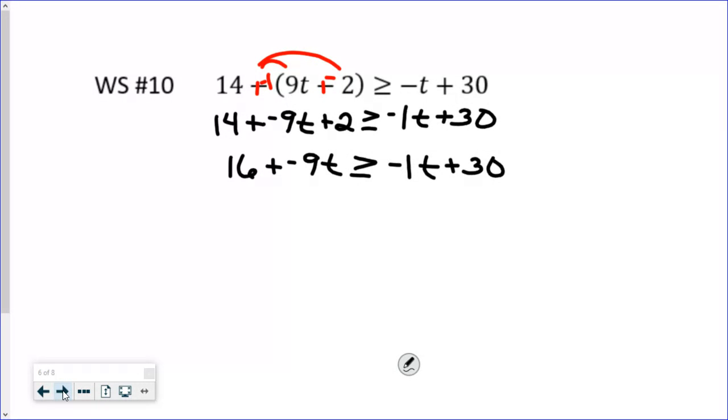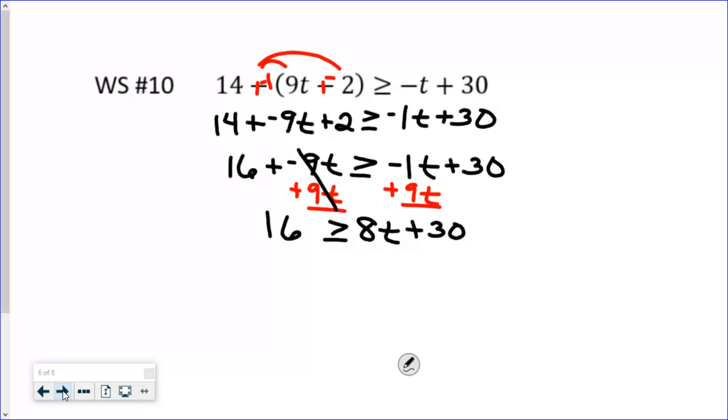Okay, I'm going to move the smaller t, which is -9. So I'm going to add 9t. Okay, so you have 16 is greater than or equal to 8t plus 30. Okay, now I'm going to minus 30 to both sides.